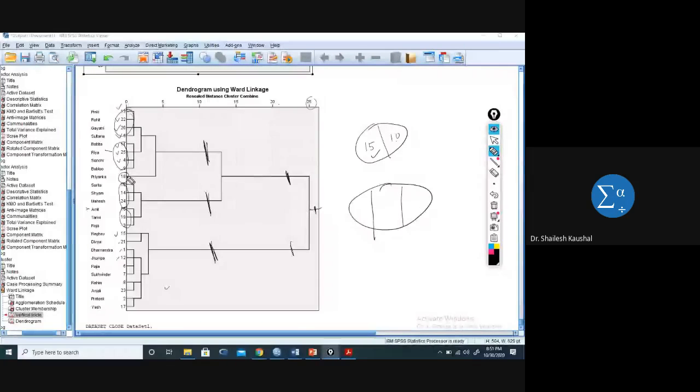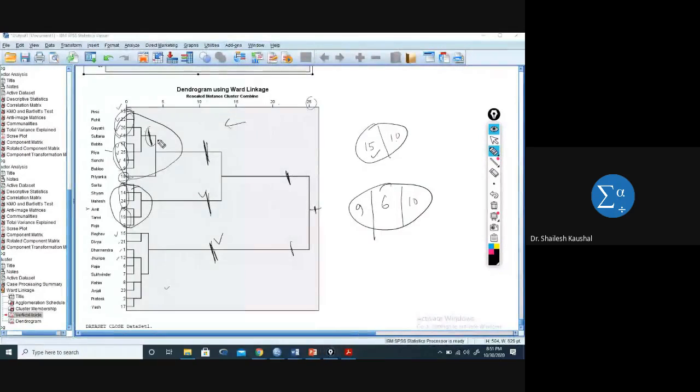So all the 9 people will come into cluster 1. In cluster 2, how many people? 1 2 3 4 5 6, so 6 people. And in cluster 3, 10 people.